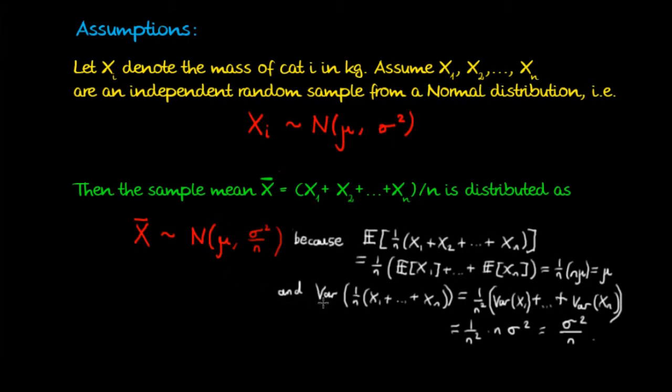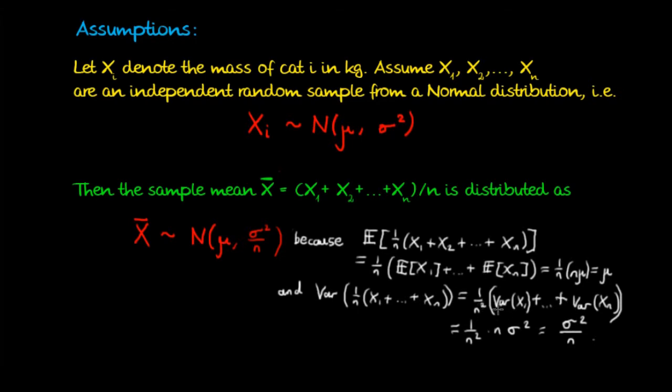Now, what about the variance of x bar? I've just put the definition of x bar here. Remember, if we're taking a constant outside of the variance, we have to square it as we take it outside. So we've got 1 over n here, and as we take that outside, that becomes 1 over n squared. Then, because these are independent, we can write the variance of a sum of random variables as the sum of the variances.